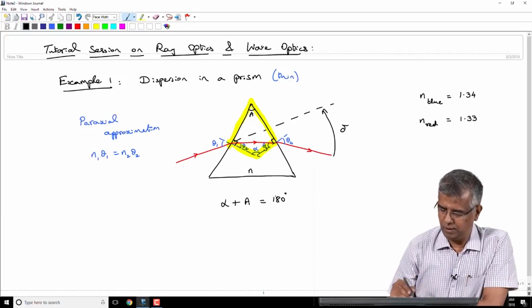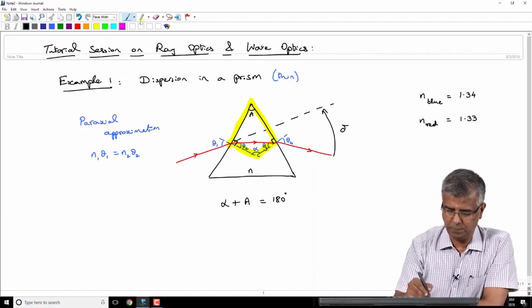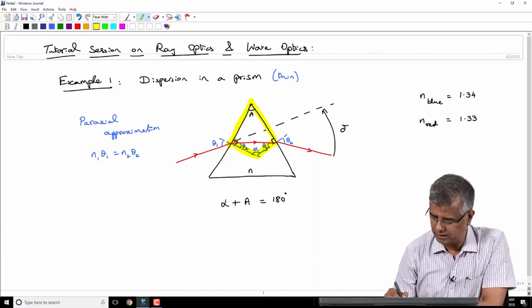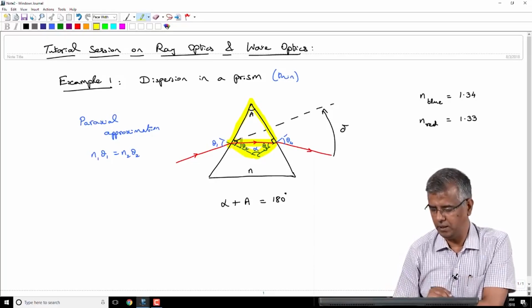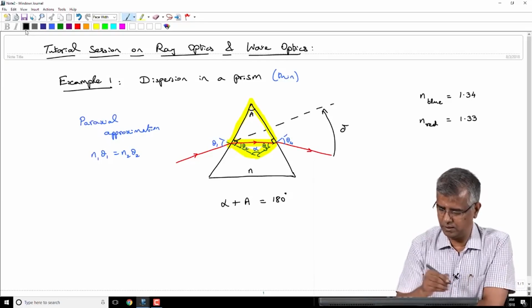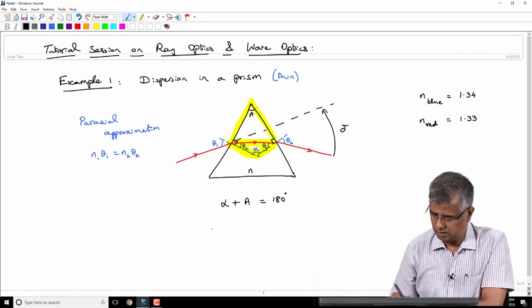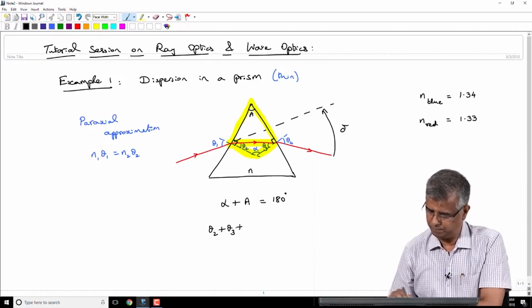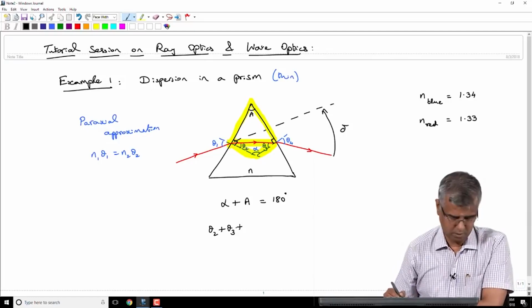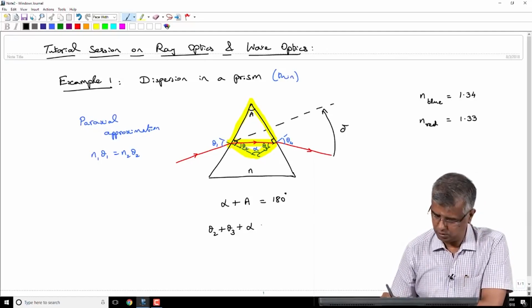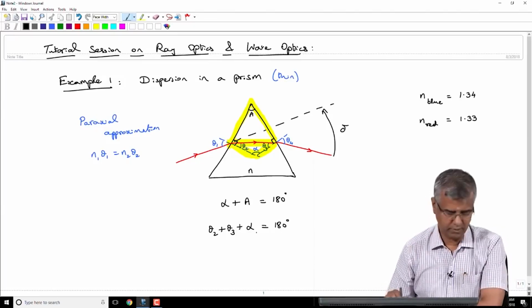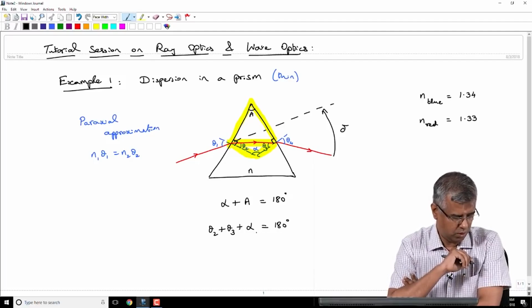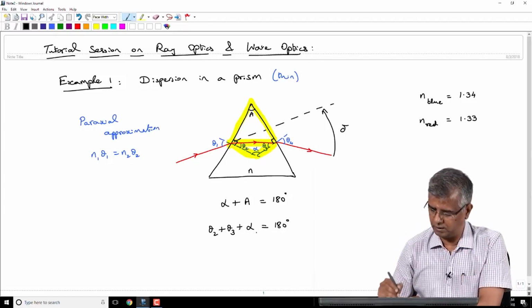Now, if I consider this triangle instead, then as far as this triangle is concerned, theta 2 plus theta 3 plus alpha equals 180 degrees. So alpha is common for both of these expressions.